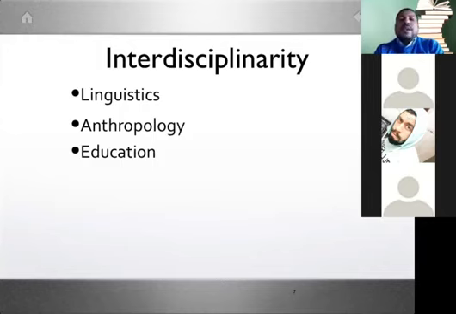It also provides the techniques and methods for designing assessment. It also provides the theoretical foundation for language teacher education, meaning that language teachers are trained according to principles set in applied linguistics.